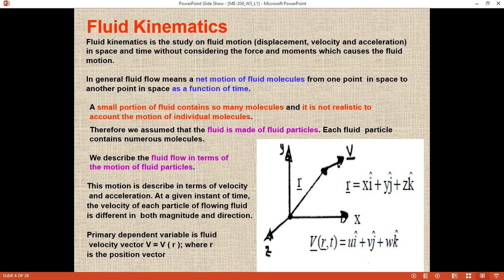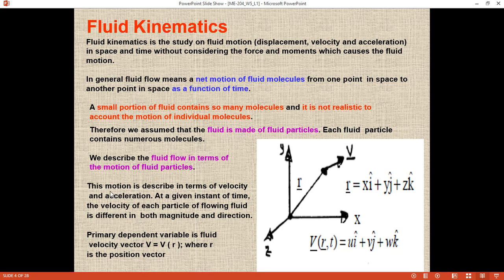This is totally different from a solid. So instead of that, we talk about a group of molecules that indicates the behavior of the total fluid flow system. Therefore we assume that the fluid is made of fluid particles. Each fluid particle contains numerous molecules. So we describe the fluid flow in terms of the motion of fluid particles.